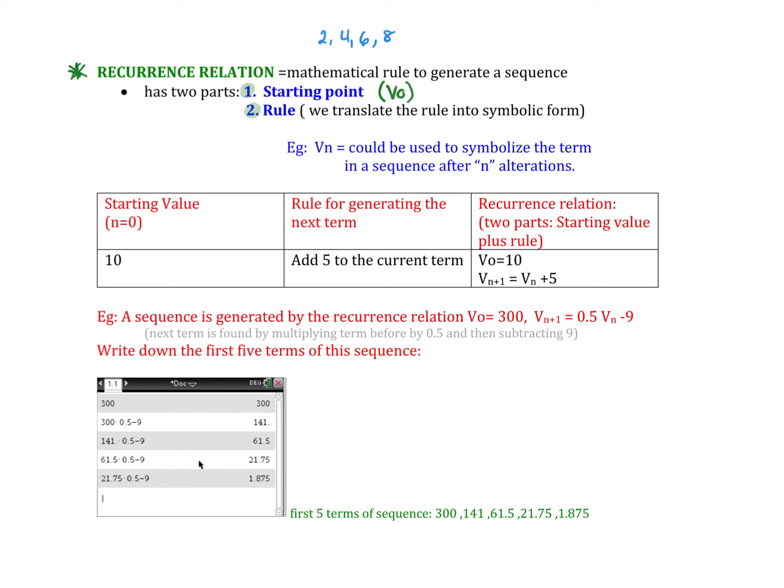You're going to see a lot of it. They might use another letter and call it 0, meaning before you've applied any rule. It's your beginning number, so at 0. But we often use V0 because V is for value. So your value at the start, which means 0.